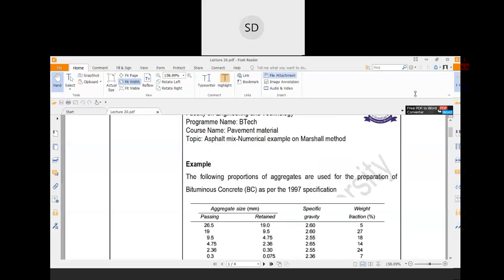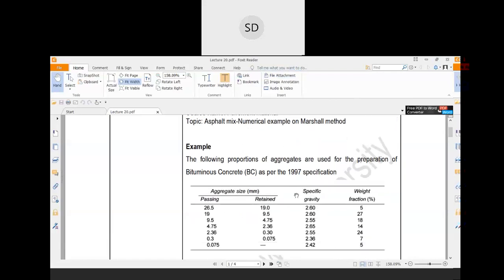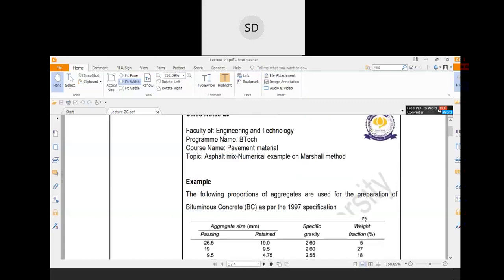In this problem, the mix proportions are given, the aggregate percentage by weight of the aggregates are given. You need to calculate the optimum bitumen content. Now you know that optimum bitumen content can be found out based on different parameters, and according to different parameters, there will be different bitumen content percentages.